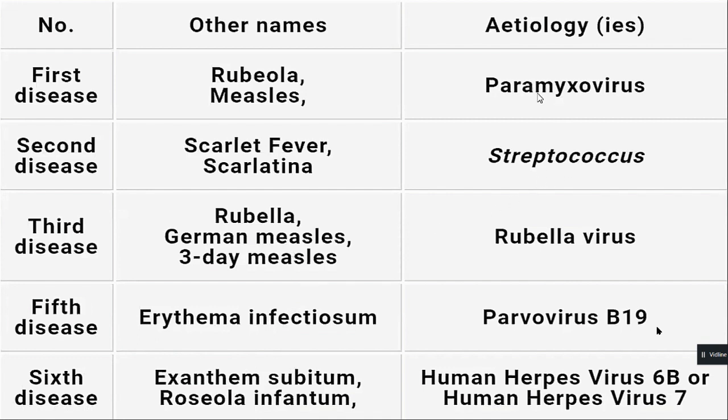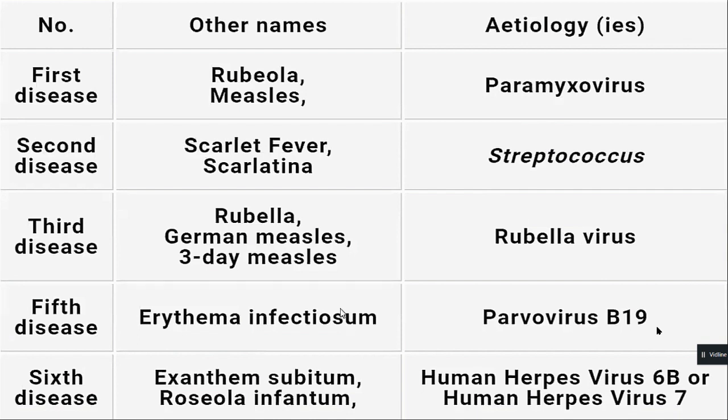And you have to be familiar with the causative organism. So measles, paramyxovirus. Scarlet fever, it's a common question in the exam. So streptococcus. They can ask you clearly which is the causative organism or what is the causative organism, and they can give you options. You can choose streptococcus. Rubella, from the name, so it's rubella virus. Or maybe they will give you German measles, so you can choose rubella virus.